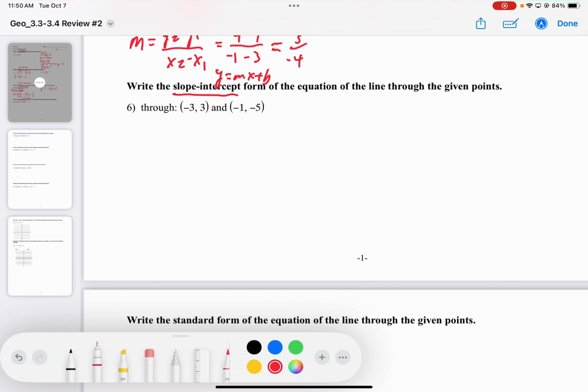So really similar, I should start by finding what? My slope. Okay, so m equals, I'm not going to label, so y2 minus y1, which is 3, over x2, negative 1, minus x1, which is negative 3.